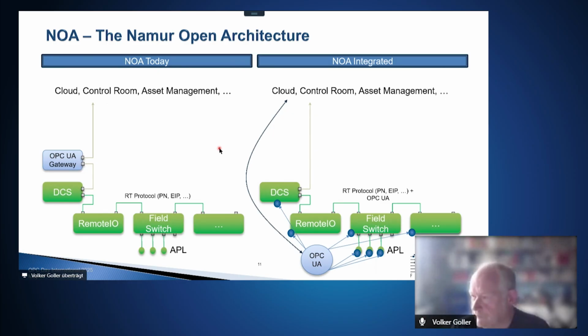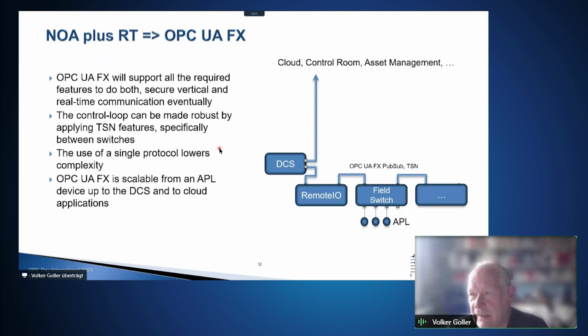And now, with all that in mind, you can make a very short step forward and think, once we have OPC UA FX finalized and we have all the necessary functionality, we can do everything with OPC UA FX.